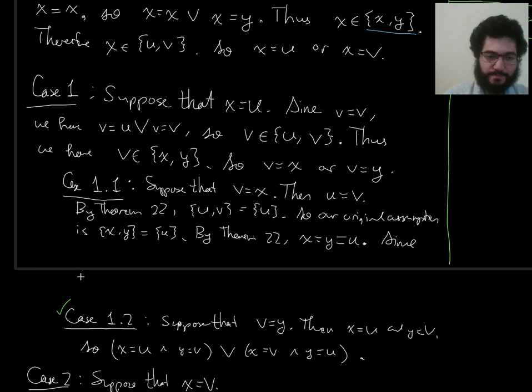Since y equals x, that's applying the symmetry of equality to this equality. Since y equals x and x equals v, that's this equality, but again, symmetry used to flip it around, we have y equals v.